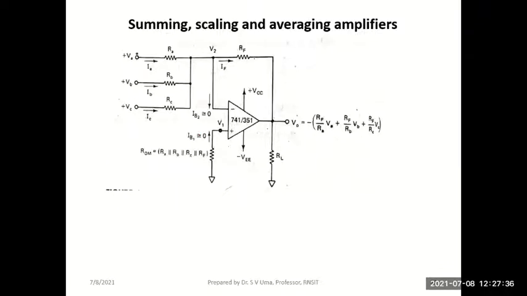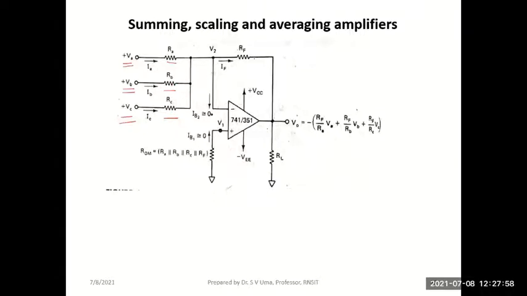As you can notice, we have given three input signals VA, VB and VC through resistors RA, RB and RC to the inverting terminal in parallel.